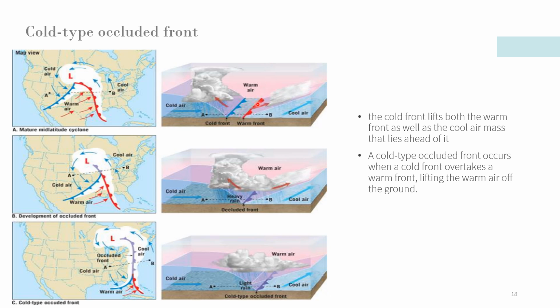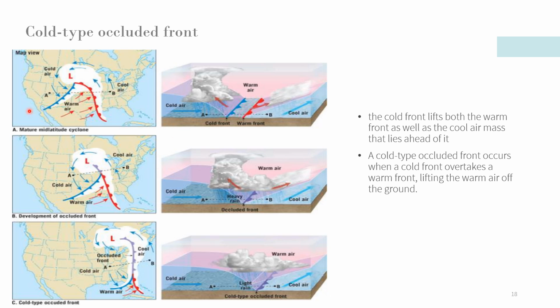And from this situation, there could be a development of an occluded front. If you notice, on the left side all of these three are the map view, and at the right side is the block view. It's the block illustration of this map view.